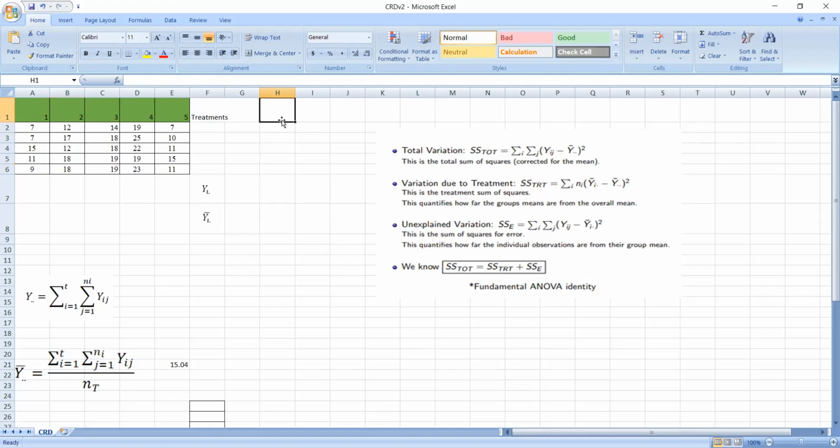When you have your treatments, the first thing that you can do is, under each treatment, calculate the total, the summation of the observations, and the mean value. Let's do that.